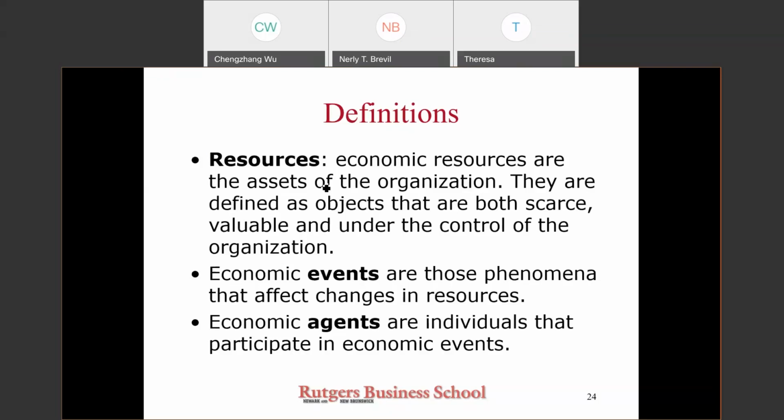Answering the who question will reveal the agents involved in the event. And finally, answering the when and where questions will provide further details about the event. These are the details that will be helpful as we record the occurrence of the event.